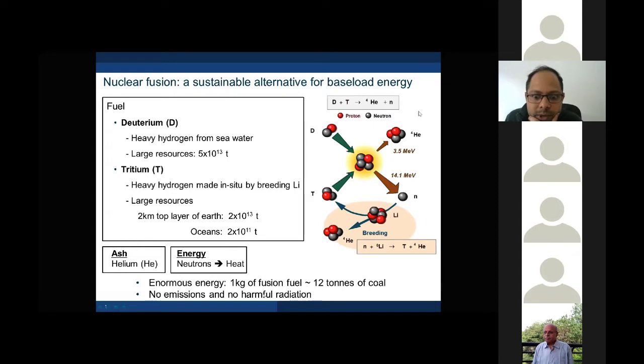The energy from 1 kg of this fuel is equivalent to 12 tons of coal or so, and there are no carbon emissions. Unlike nuclear fission, there is no harmful long-term radiation, no possibility of a nuclear accident, or of making weapons out of this.